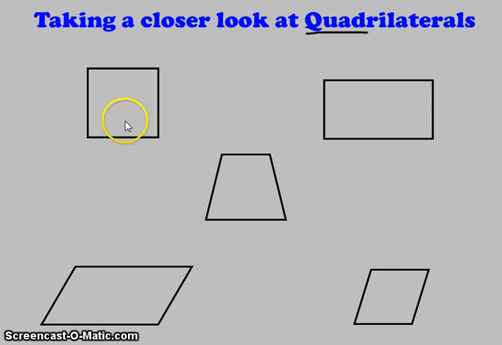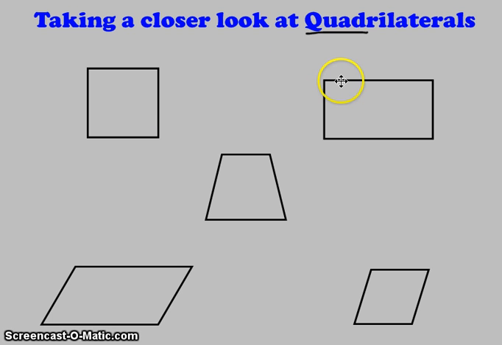But look at the square and the rhombus. What do they have in common? It's not the right angles. And yes, they have 4 sides, but there's something else. What do you see? It might be hard to tell, but the rhombus has 4 sides the same length, just like the square.